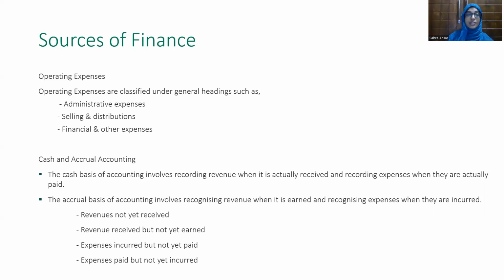So it does not necessarily mean that cash is received or paid, but when that particular transaction happens, it will be included.